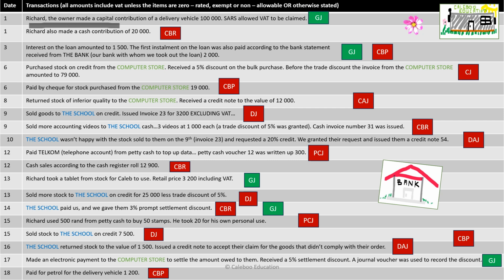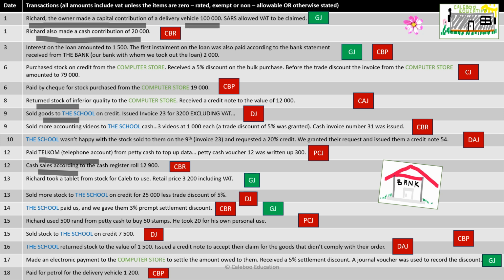On the first, Richard, the owner, made a capital contribution. The contribution was a vehicle, 100,000. Richard also made a cash contribution of 20,000. Returned stock, sold stock, paid telecom, cash sales. These are all typical examples of a transaction.